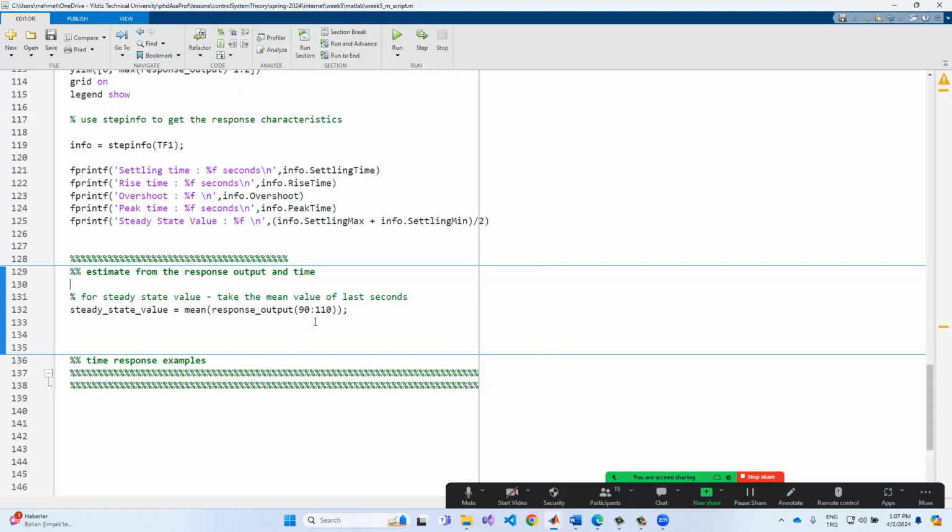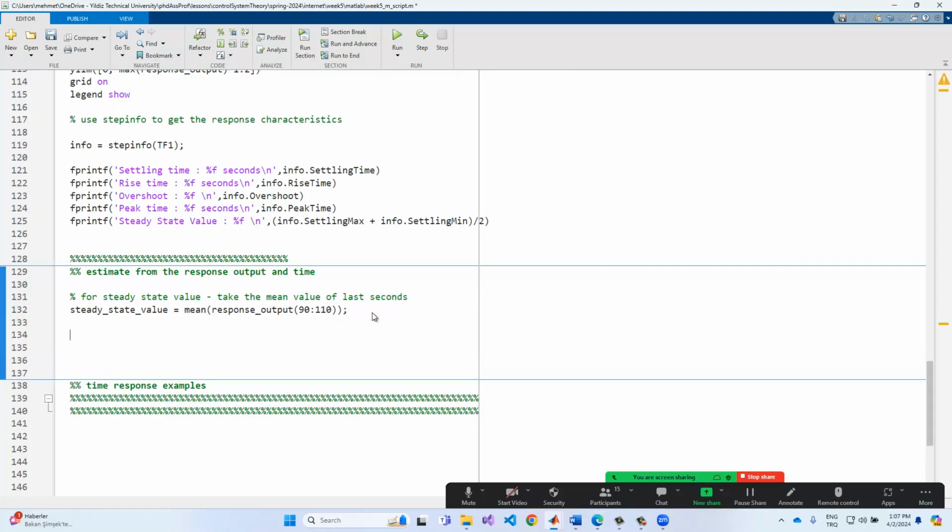Then Wn can be approximated with this calculation, 1 divided by steady state value, because the square of Wn is equal to the steady state value, but we need to take a square root to find it, giving 1 divided by steady state value.